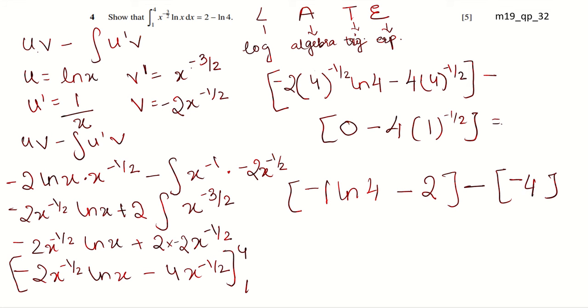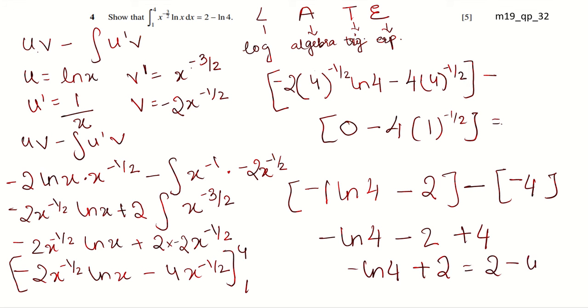So this is minus ln 4 minus 2 plus 4, right? So minus 2 plus 4 is plus 2 minus ln 4, which is equal to 2 minus ln 4, okay, and that's your answer.